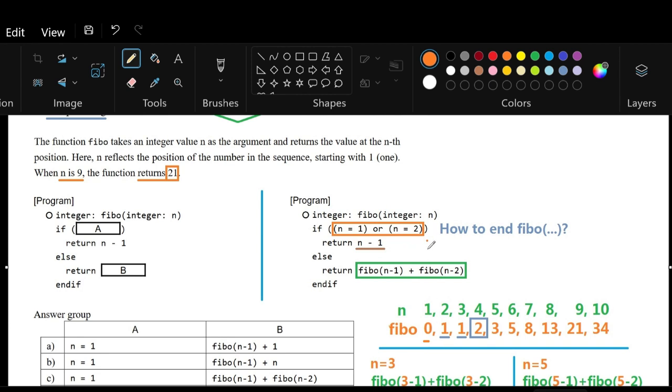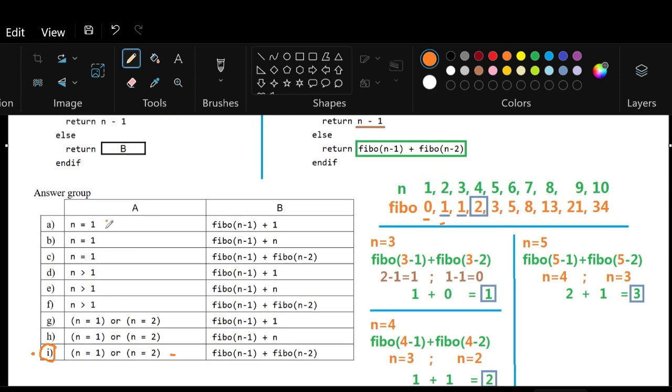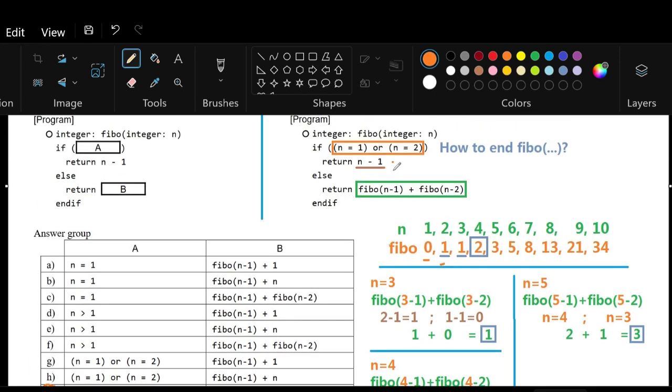If n is equal to 2, 2 minus 1 gives us 1, would it give us 1? And so we do get 1, and that's why the answer here is n equals 1 or n equals 2. And again, if you chose another letter, you gotta test whether it would give you the correct answer.